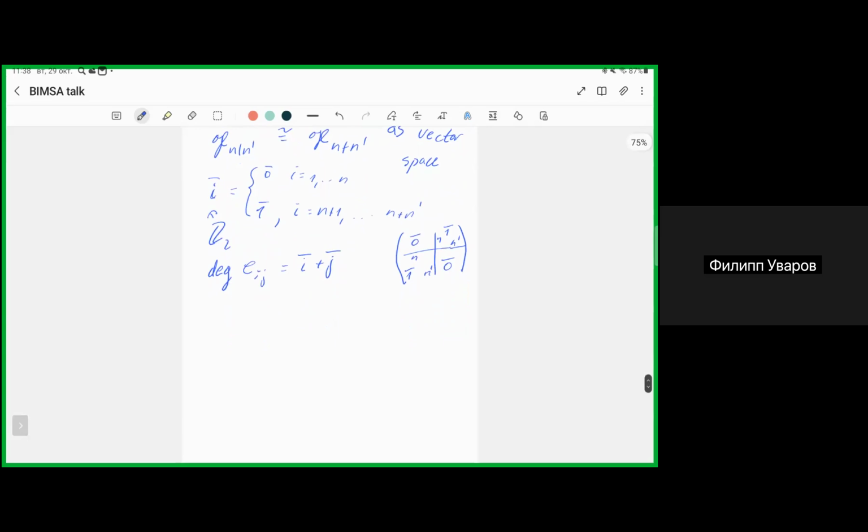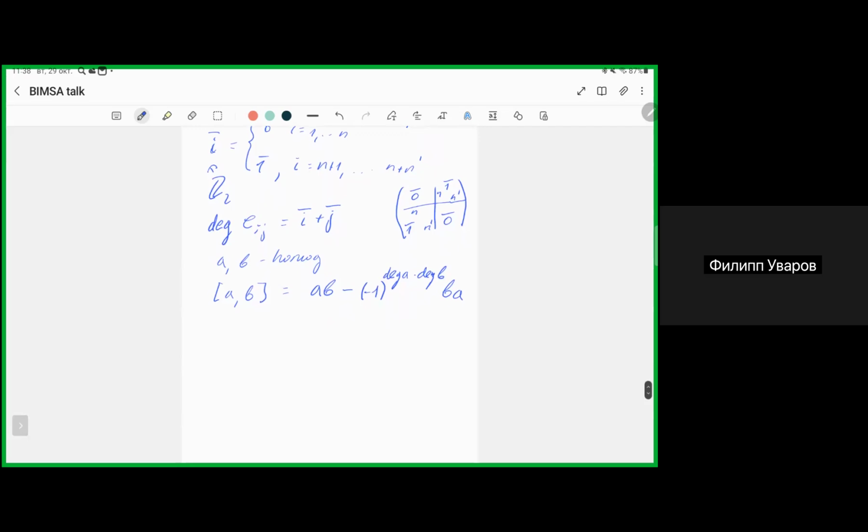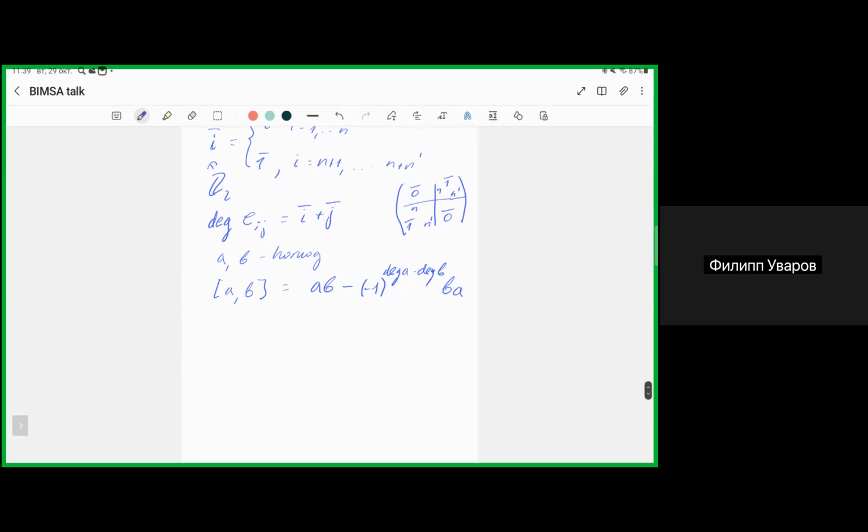And for homogeneous, so if I have A and B homogeneous, then I can define super bracket, which is given by supercommutator, right? Namely, it's AB minus (-1) to the degree of A times degree of B, BA. And so since I take homogeneous, it's clear what is degree of A and degree of B.